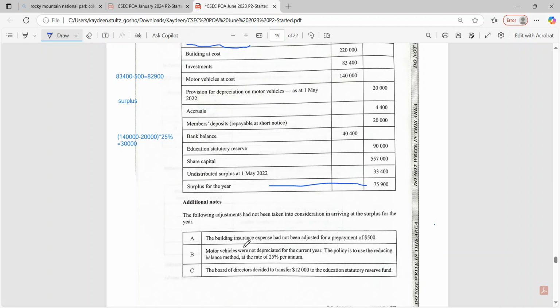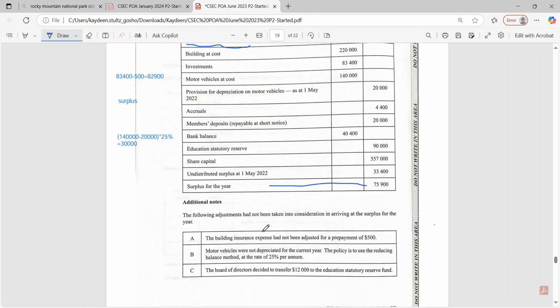So it says the building insurance expense had not been adjusted for a prepayment, right? So you know that normally what you would do for prepayments would be to subtract the amount from the figure for the year, right?